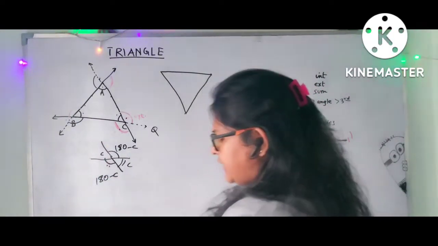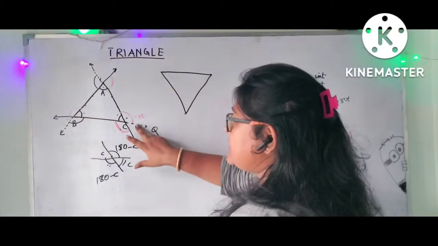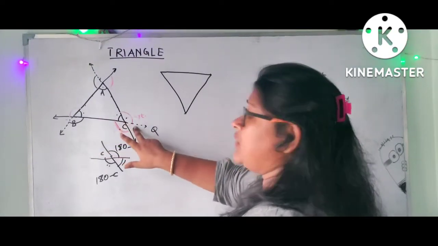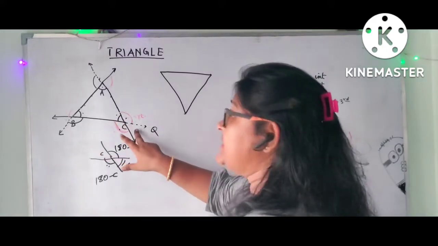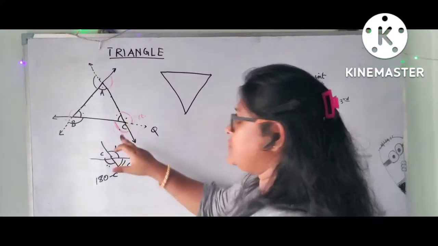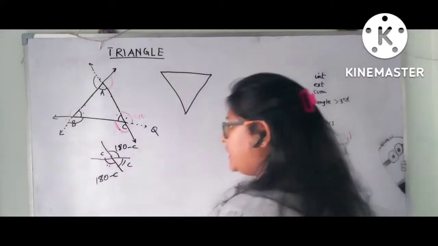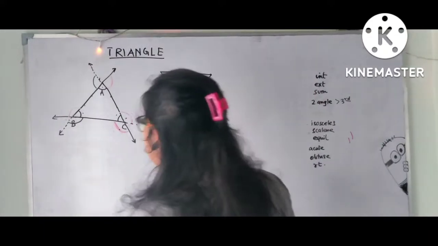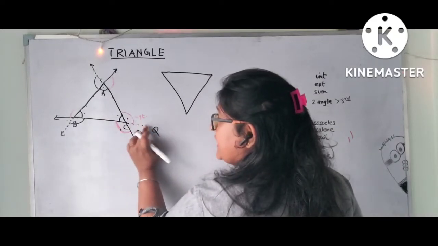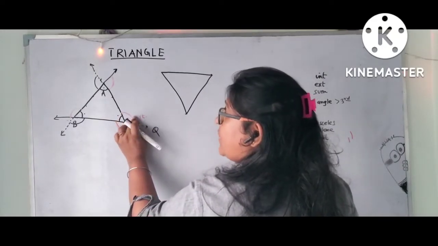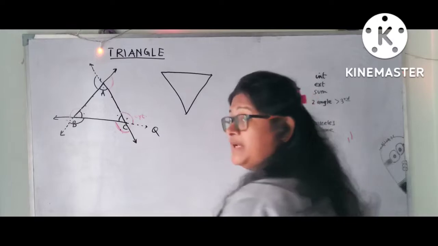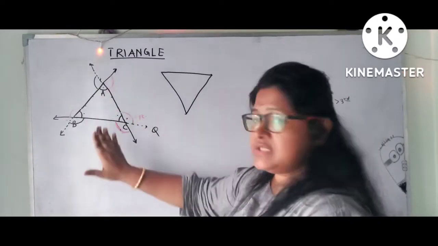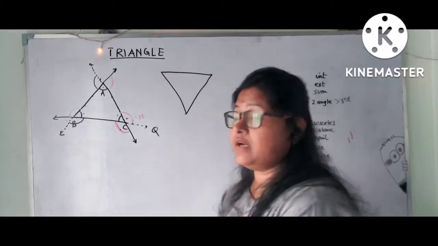Just to tell you, don't think this is an external angle, because this angle and this angle will always be the same. These two are known as exterior angles. So while judging an exterior angle, always make sure that you are looking at the straight line, finding out the 180 minus this angle which is being mentioned. Clear? So this concept of triangle is very, very clear.